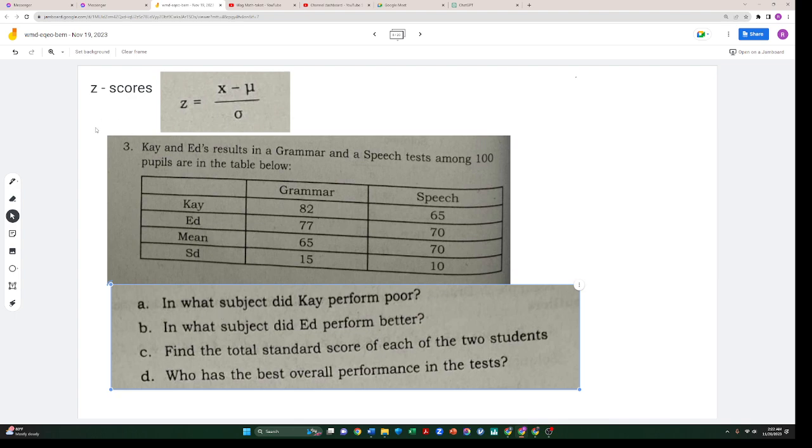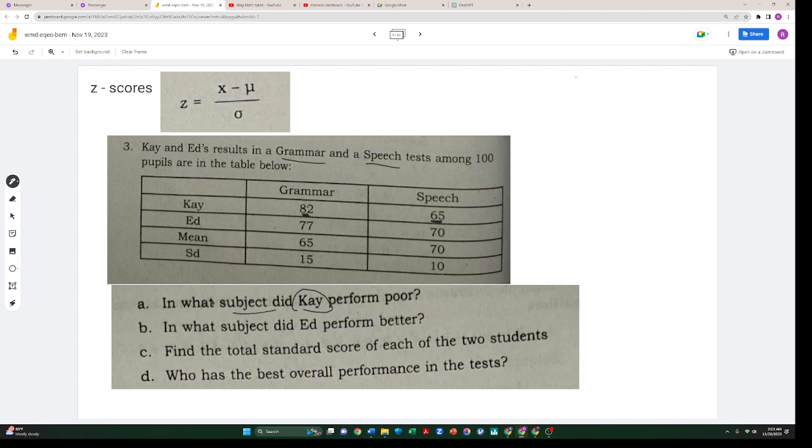In what subject did K perform poor? So sa grammar ba or sa speech? Natay scores, right? 82 is 65. K and Ed result in the grammar speech test among pupils are in the below.